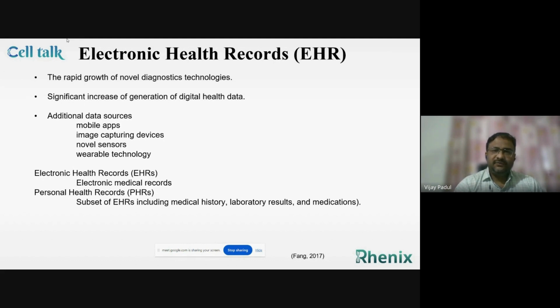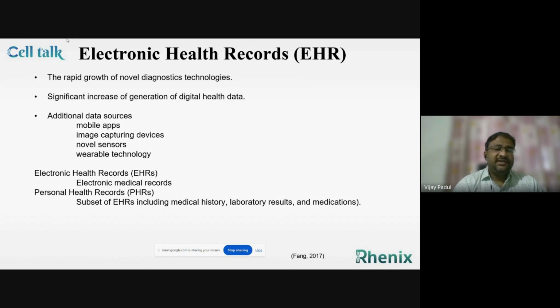All this will form the electronic health record of that particular individual. And there is rapid growth in novel diagnostic technologies, so new forms of data points are also being created. There is a significant increase in the generation of digital health data, but there is a lack of standards for storage of that data. And why those standards are important, we will see in the next slide.